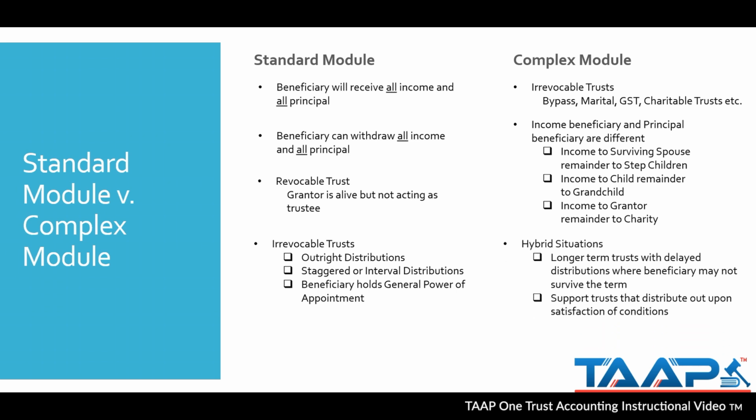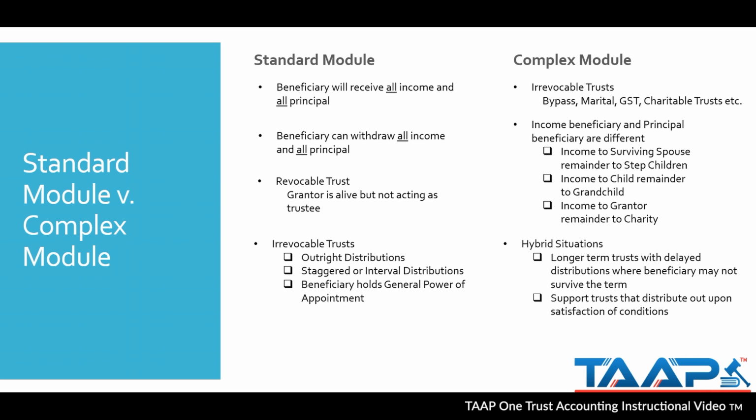Then you have some hybrid situations. A longer-term trust with delayed distribution where the beneficiary may not survive the term. So if we had a long-term trust where the share is going to be held in the trust for 25 years, and then it goes to somebody else, that might be a situation where you'd make a judgment call and use the complex module.